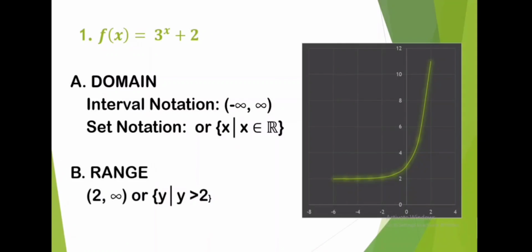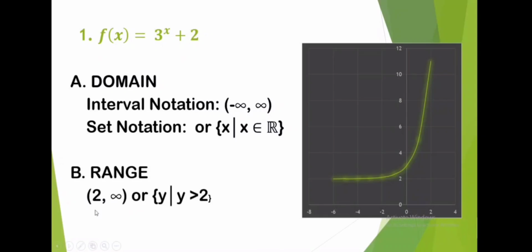As for the range, let us observe the graph with respect to the y-axis. We can see that the graph only approaches 2, but it will not cross 2. Which means this graph will not go down below 2. So our range is just from 2 up to infinity.